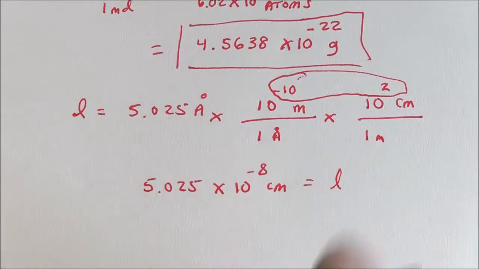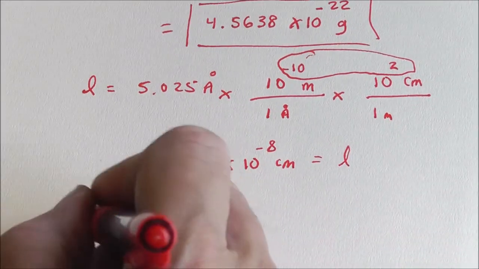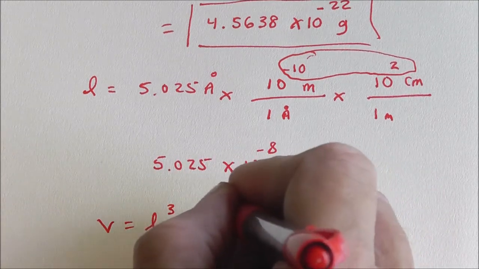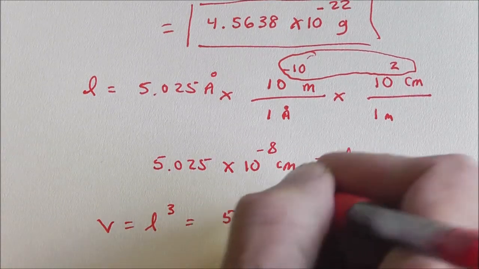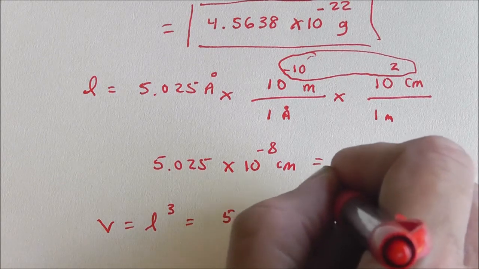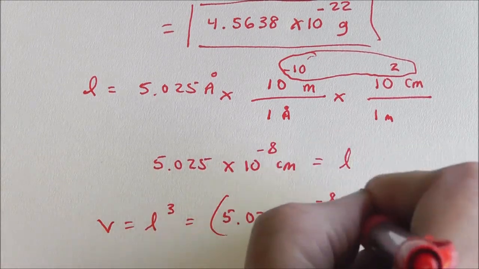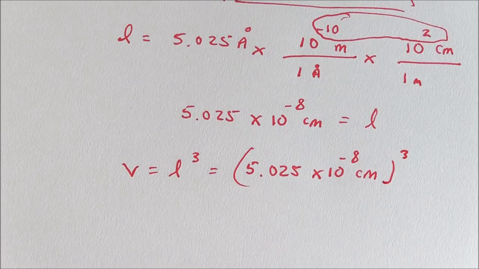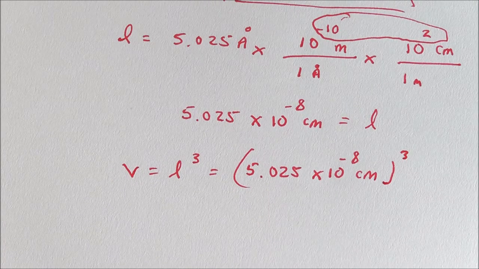I need to cube it. That's V. So these are actually a lot easier than the last one. We had to do a Pythagorean theorem and all that jazz. I'm just going to take that number and cube it. Make sure whatever calculator you got, make a comment or talk to me if you're not getting the same numbers.